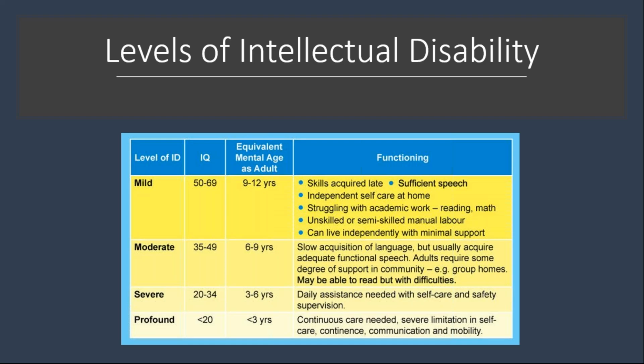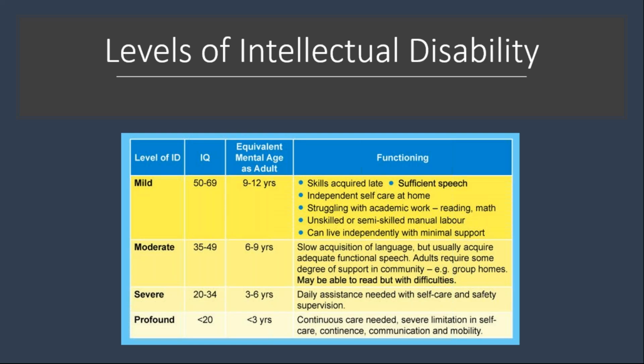So the first level of intellectual disability would be what we call a mild intellectual disability. And individuals with a mild intellectual disability may take longer to learn skills, but they typically are, for example, learning to talk, and have the ability to learn some self-care skills.